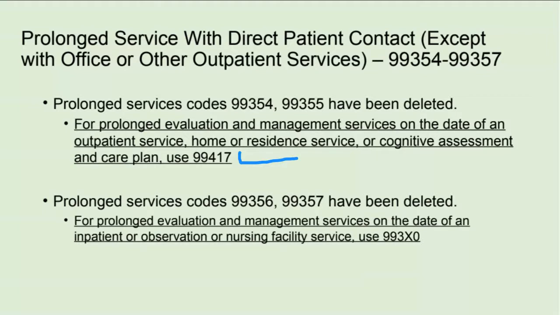Prolonged services 99356 and 99357 have also been deleted, and a note tells you to use 993X0 for that. Now, I know there's not a 993X0 code in your book. This just means that the number has not been assigned, so they're going to use kind of a dummy number, 993X0, for this. It will be there by the time the code book comes out.